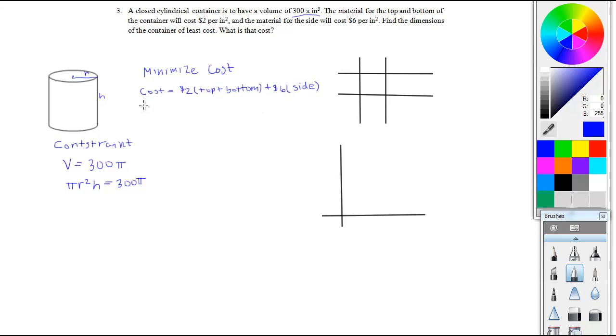So the cost, we'll just call it C, is equal to 2, meaning the $2, times the top, which is a circle, pi r squared, plus the bottom, which is a circle, another pi r squared, plus $6 times the lateral surface area, which is the circumference, 2 pi r, of this circle times the height.